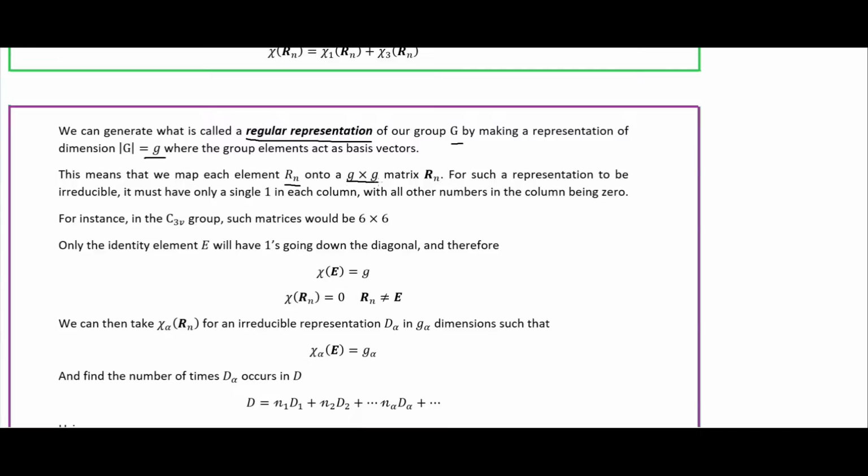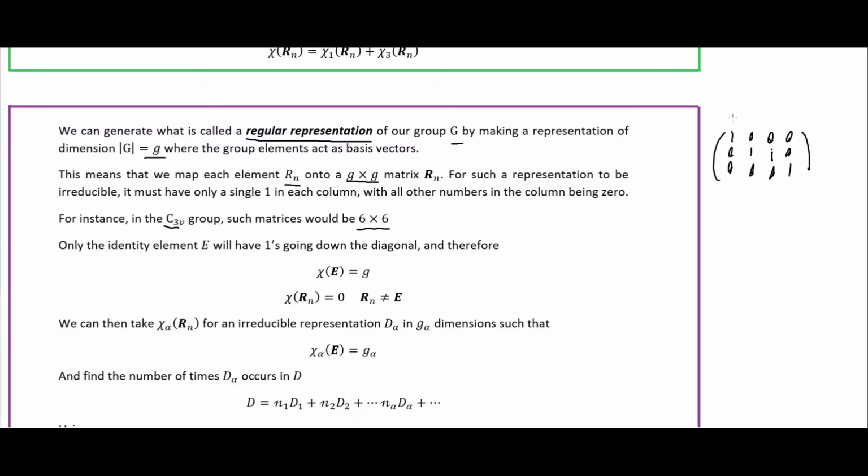For instance, if we are using the C3V group, which has 6 different symmetry operations, it would be a 6 by 6 matrix. And it's a matrix that has only a 1, and then everything else is a 0 in it. Like so, we might have something like this, and maybe something like that.